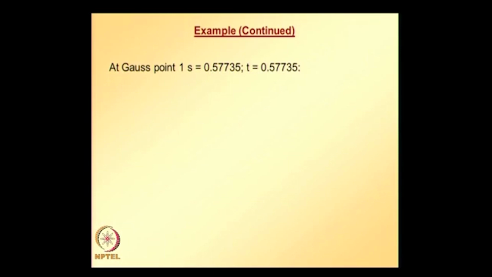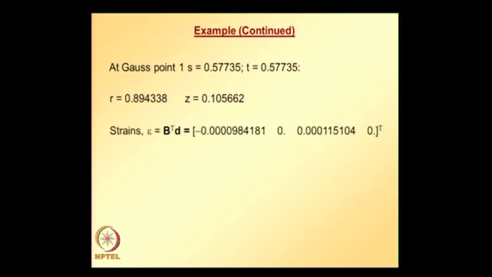We are interested in finding the strains and stresses at integration points. So, the first integration point is taken and the corresponding R and Z values, S and T values are given. We can easily find R and Z by substituting into the isoparametric mapping relation, but sometimes we may know R and Z, in which case we need to back calculate S and T to calculate strains and stresses.